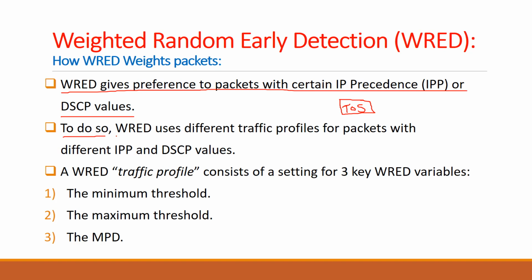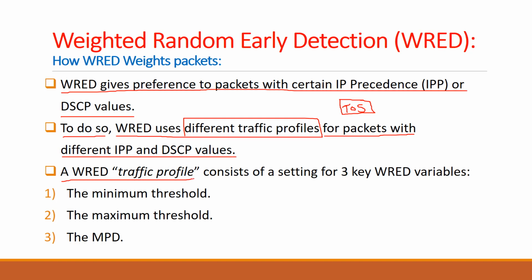So to do so, WRED uses different traffic profiles for packets with different IP precedence and DSCP values. What are these traffic profiles?